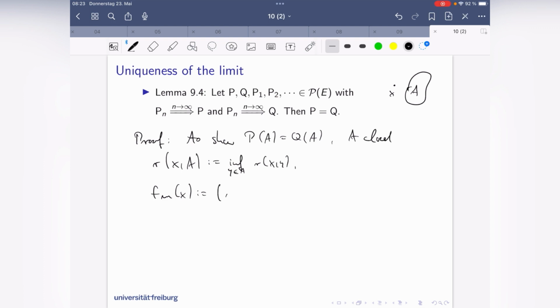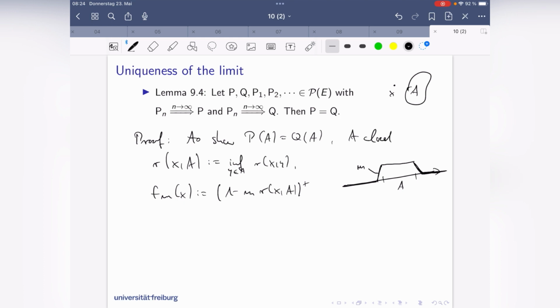Well, let me draw an example. Here's your closed set. And I do it like this. The slope of this line is m, which is this m here. So when you are 1 over m far away from your set A, then you hit 0, and you take the positive part, so you do not become negative. But you have this picture here.